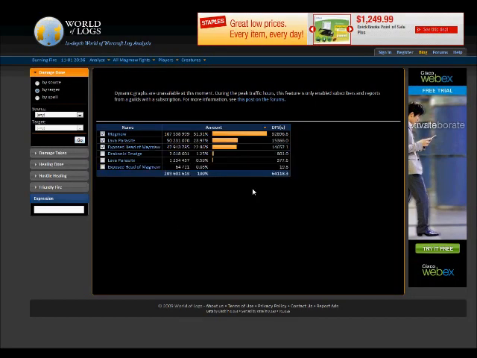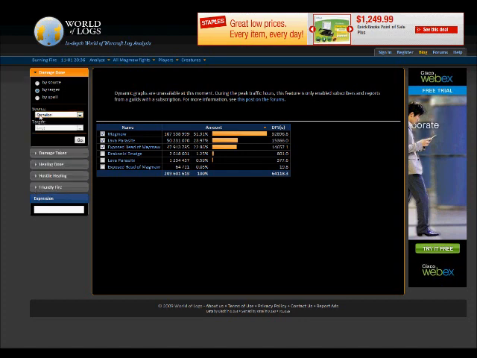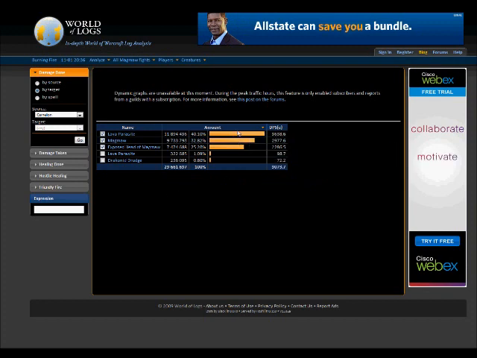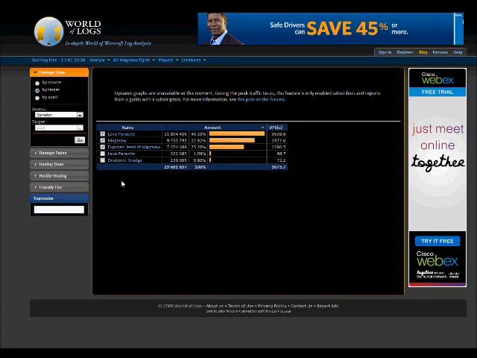I can see who hit what, and if I want to have a look into that a little bit further and check that people are really hitting what they're supposed to, I can select a player, and I can see specifically what that player attacked the most and check that they are attacking the right thing.